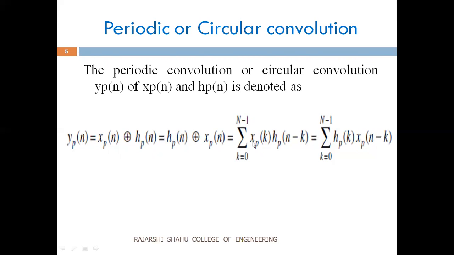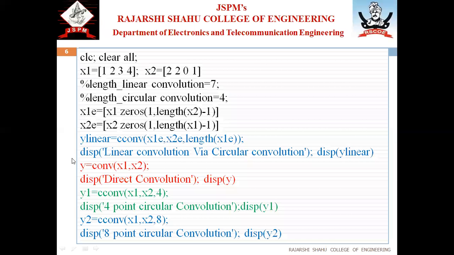And that is given by the formula summation of x_p[n] multiplied with h_p[n minus k], where k is varying from 0 to N minus 1. Here, the input signal and impulse response terms can be interchanged. After interchanging also, we will get the same resultant y[n].